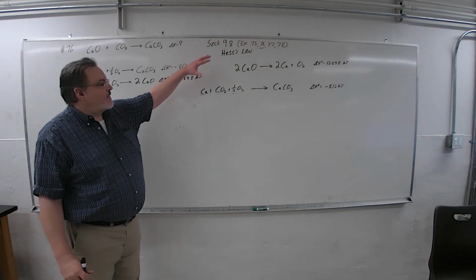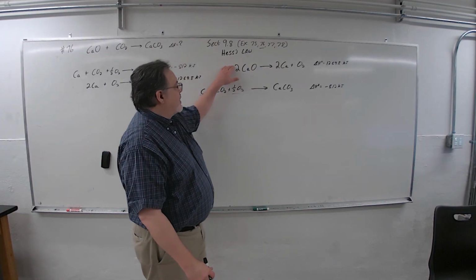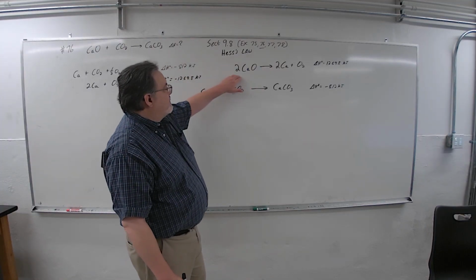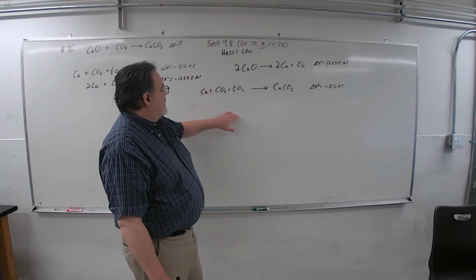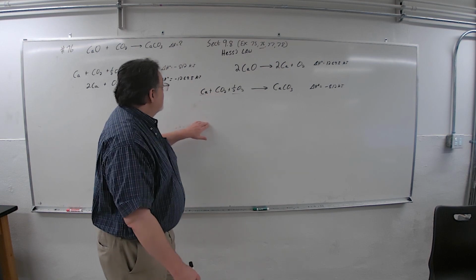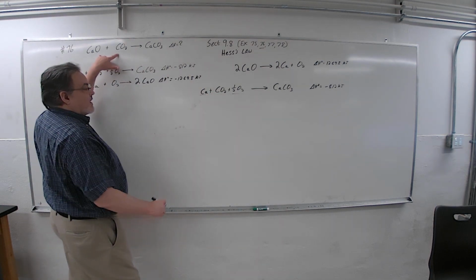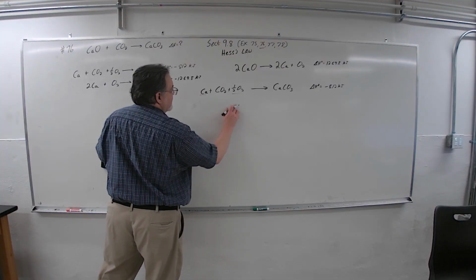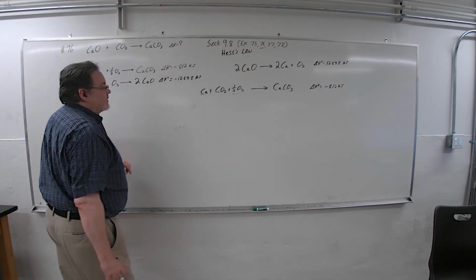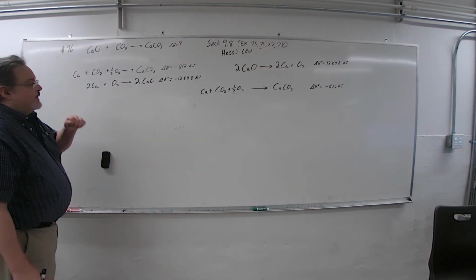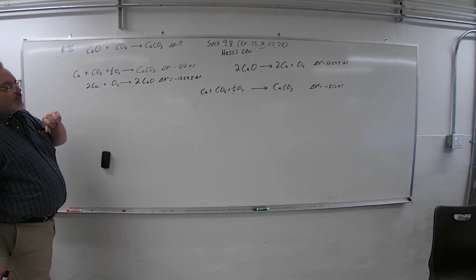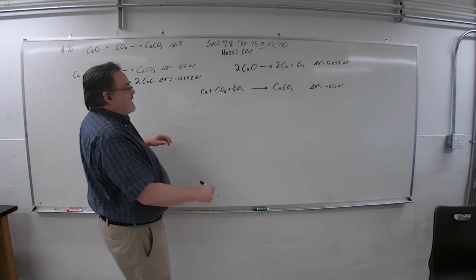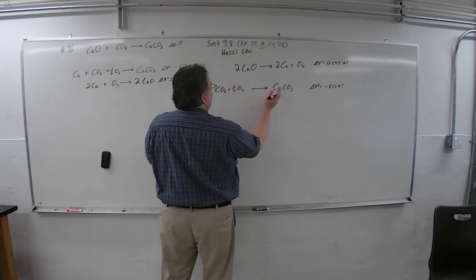Because if I just add these up, if I drew a line and brought down what was there, I would be bringing down some CaO and some CO2. That's what I want. But I'd also be bringing down some Ca and some O2, which I don't want. The way you can get rid of things is if it's the same on both sides.